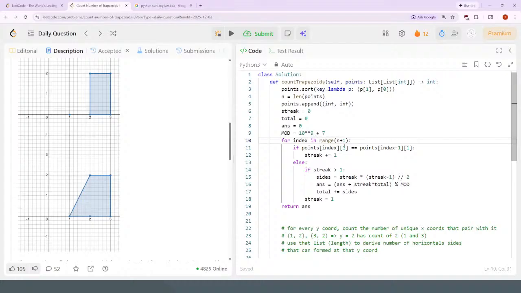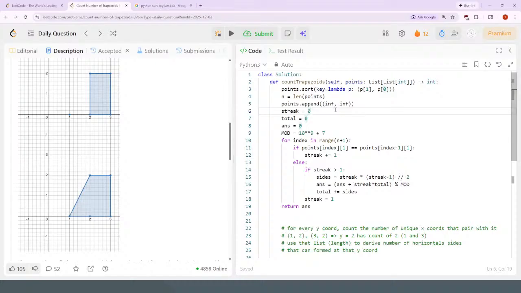So the points match. So if the points match the y coordinate, then it has to be 2 points in the same. 2 points. I see. If these things match, then it should actually be. No, that's right. So it becomes streak equals 2, if it's already 1 at the start. I think I should start with streak equals.